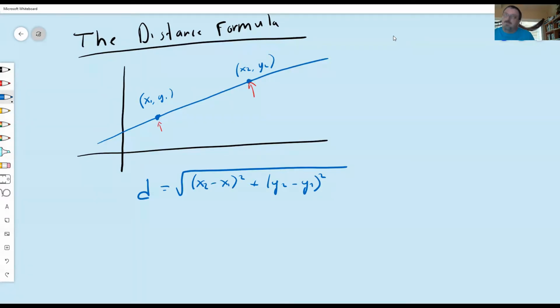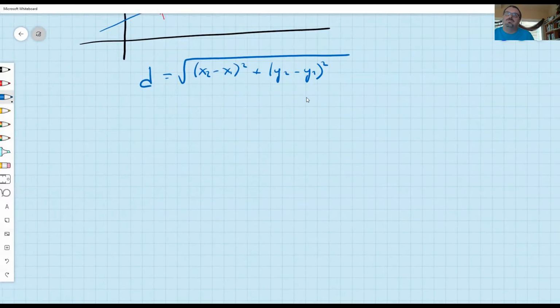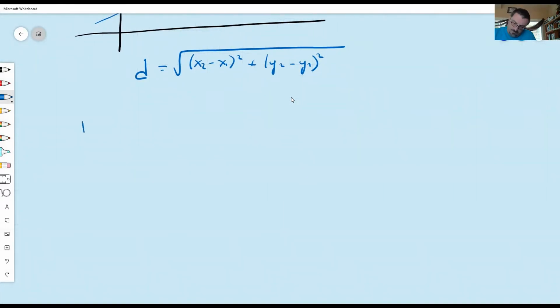So, for example, what's the distance between the point 2, 4 and the point 6, 7?